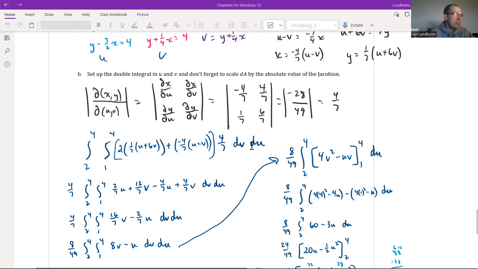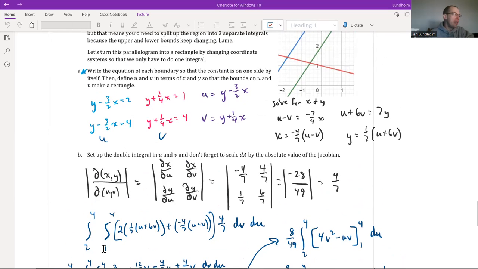So 4/7 dv du makes sense as an area differential. To get the bounds on our integral, we're going back up to these equations and seeing, oh yeah, we defined this so that v would go from 1 to 4 and u would go from 2 to 4. So that part's looking nice.